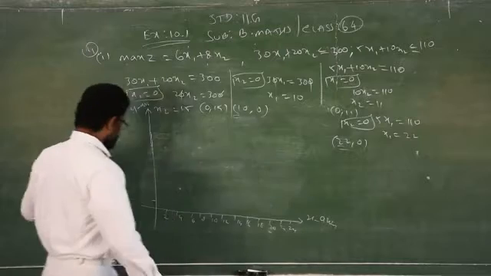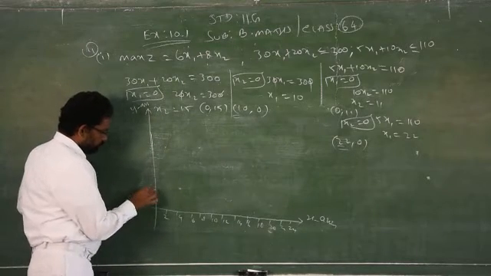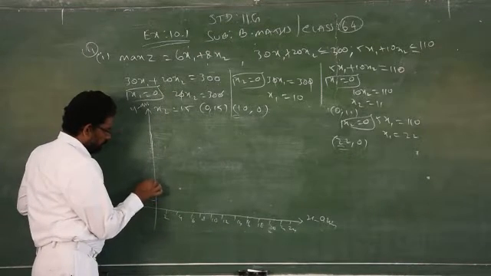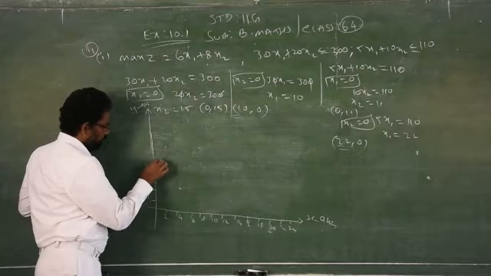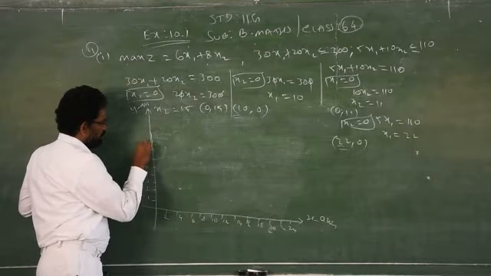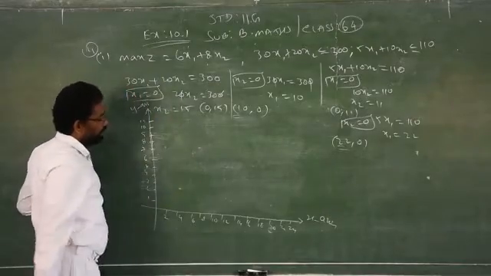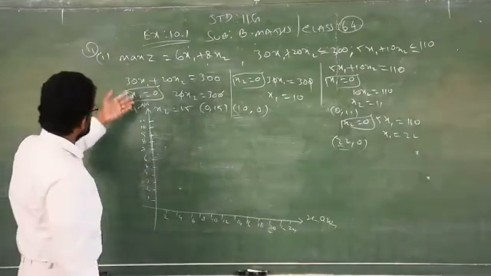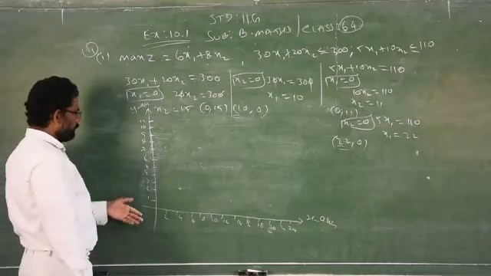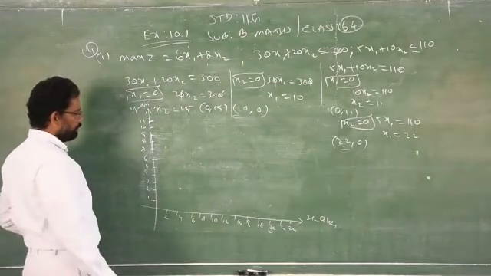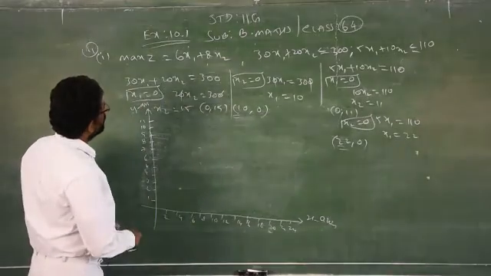So maximum 15. Therefore you can take 1, 2, 3, 4, 5, 6, 7, 8, 9, 10, 11 and so on. Clear? It is going on up to 15. Here there is no place, but you have to write up to 15. Don't stop at this.